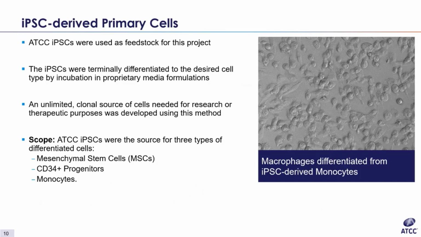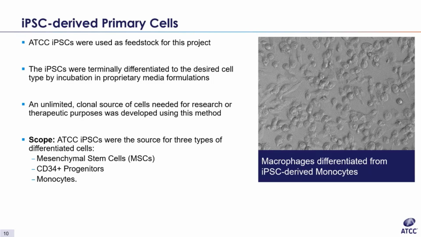So let's talk about the star of today's show, iPSC-derived primary cells. Like I mentioned, ATCC wanted to create a versatile cell type that could be produced in great quantities, yet retain physiological function. We looked to in-house produced iPSCs as feedstock for this project, as they were, one, available, and two, we have over a decade of experience culturing these cells.